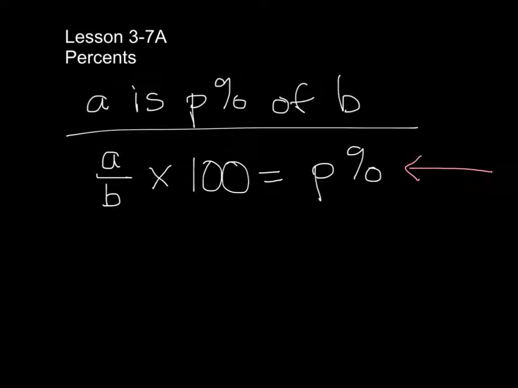Going back up to the A is P% of B, if we think about that, that kind of makes a lot of sense.